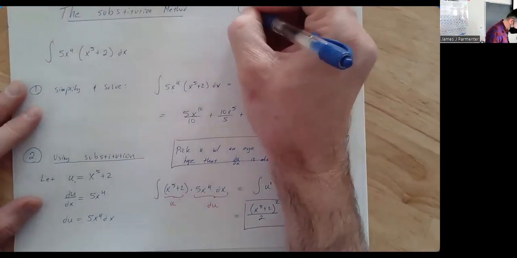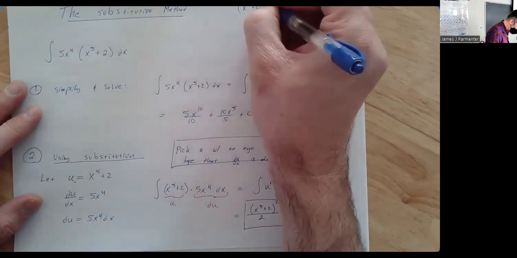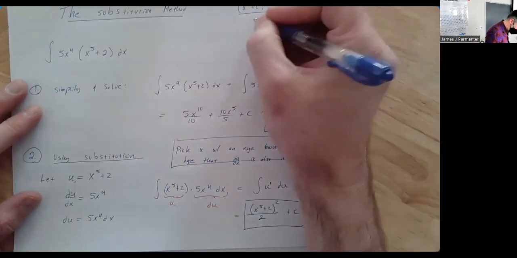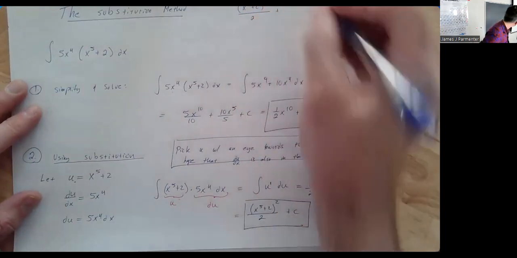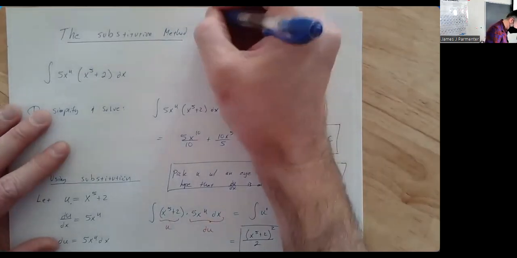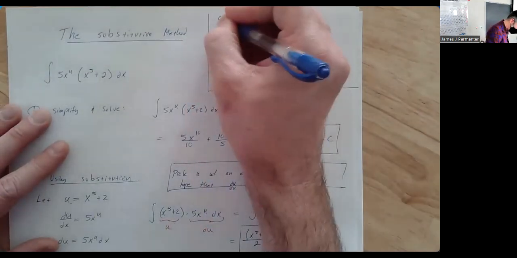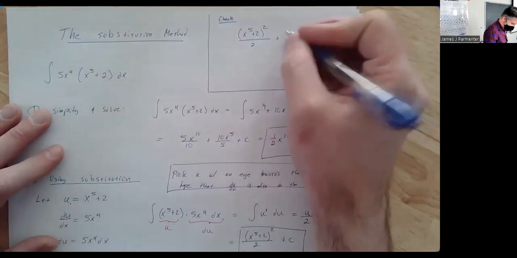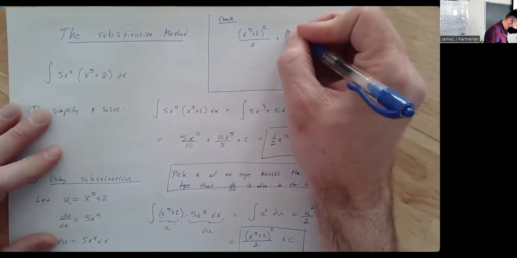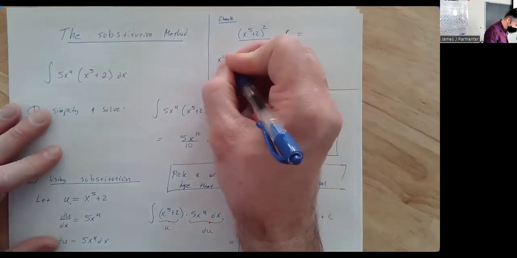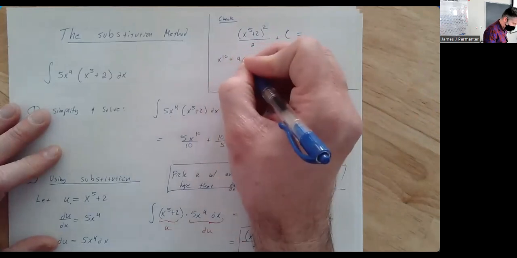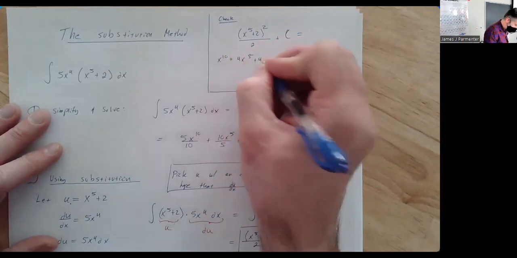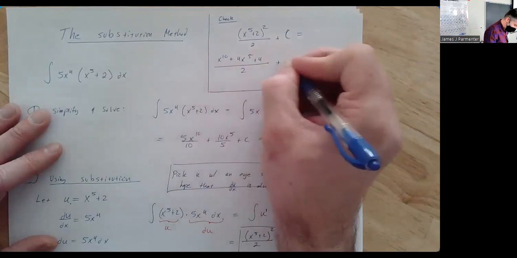If I multiply out (x to the 5th plus 2) squared divided by 2, just to check, let's see. Squaring that out, we're going to get (x to the 10th plus 4x to the 5th plus 4) divided by 2 plus c.